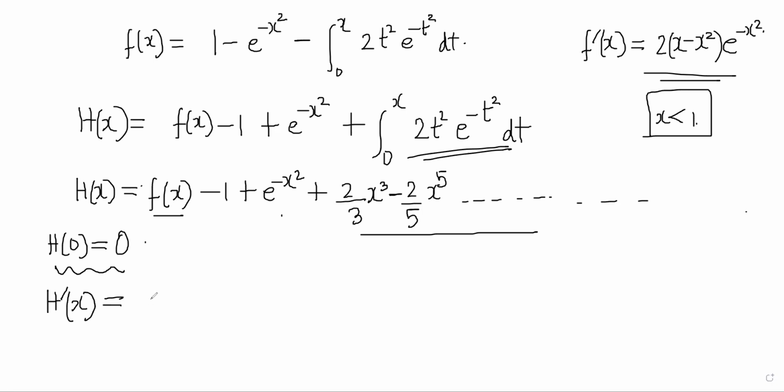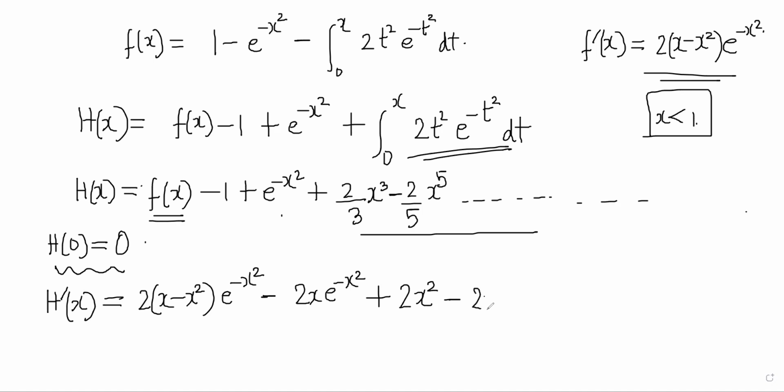H dash x will become 2 times f dash x, which is 2 times x minus x squared e power minus x squared, and then we get a minus 2x e power minus x squared, and we get a plus 2 by 3 into 3x squared. So it is 2x squared minus 2x power 4 and higher terms, right?